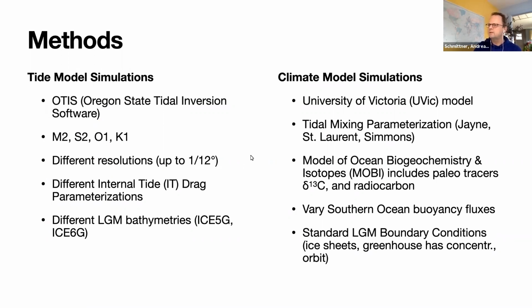With this model, we've done simulations of the last glacial maximum, and we have tested the sensitivity to different parameters, because initially we wanted to find out why two published papers came to completely different conclusions. One said the changes in the tides were not important and there were no large changes in tidal mixing at the LGM, and another paper said there were large changes.